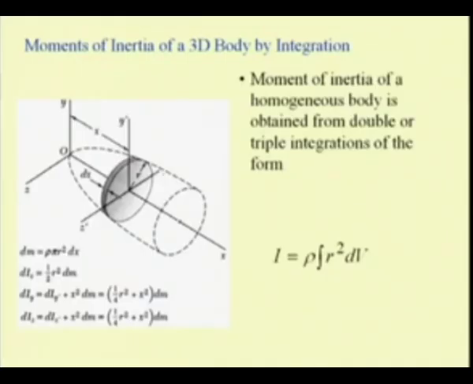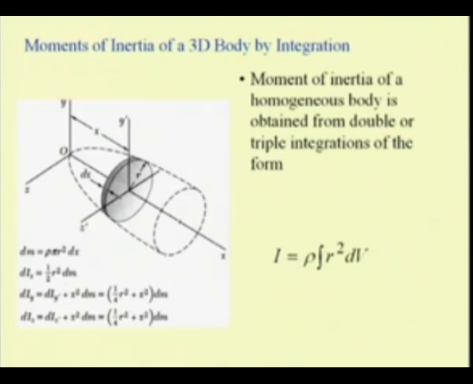So, here we can write this I as rho, the density, times integral r square dV. We have taken out rho because we are assuming the body to be homogeneous, that means the density does not vary in the object. So, we can write it in this way.